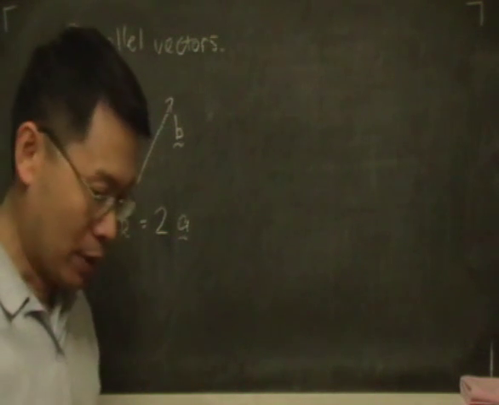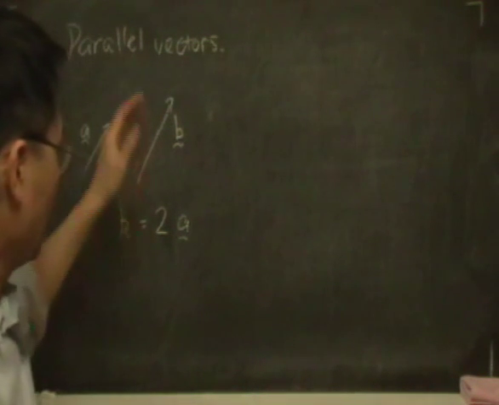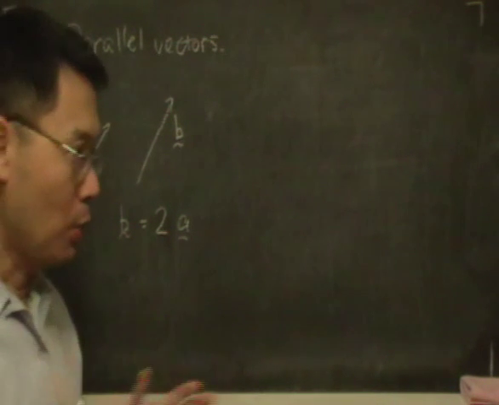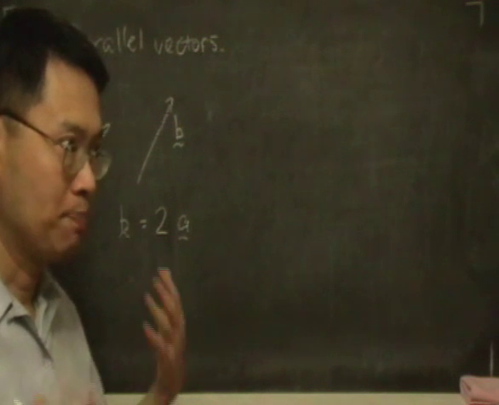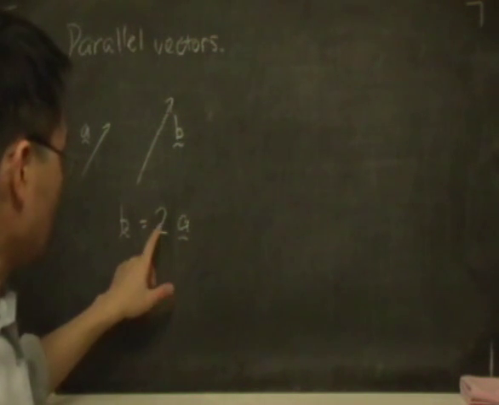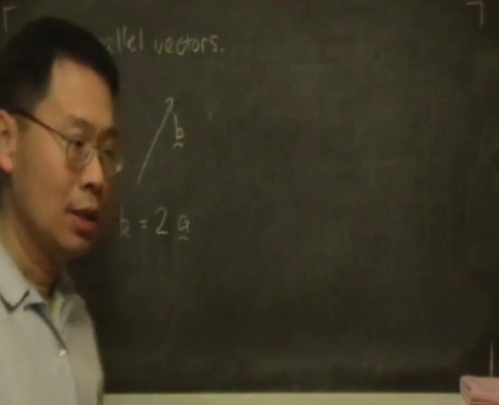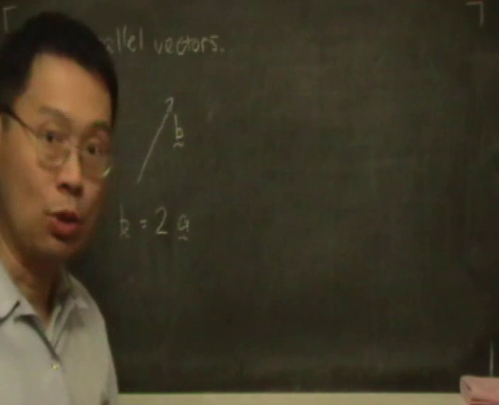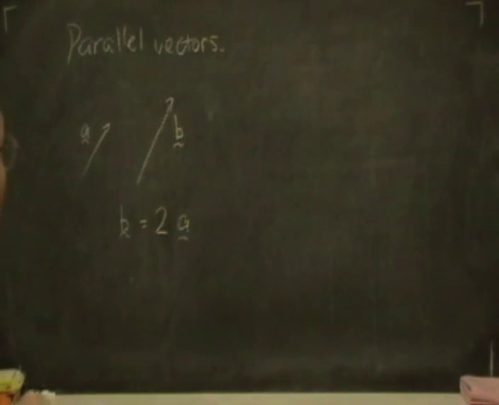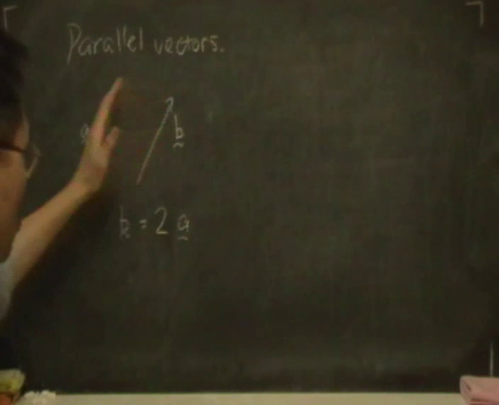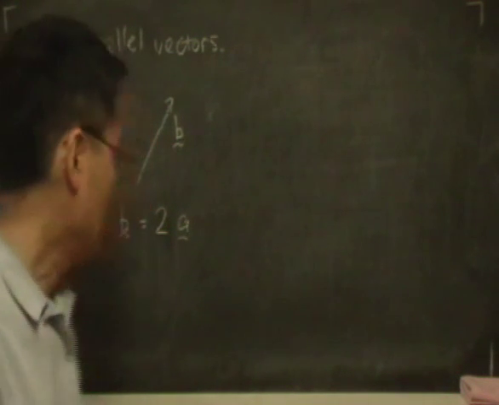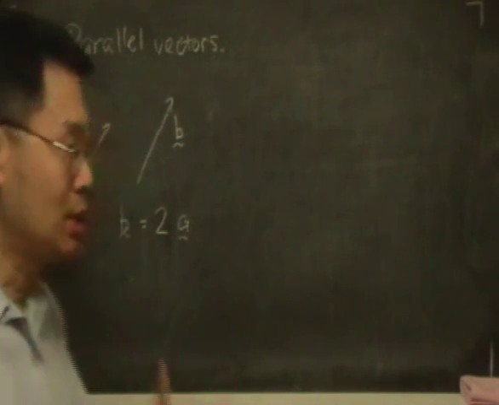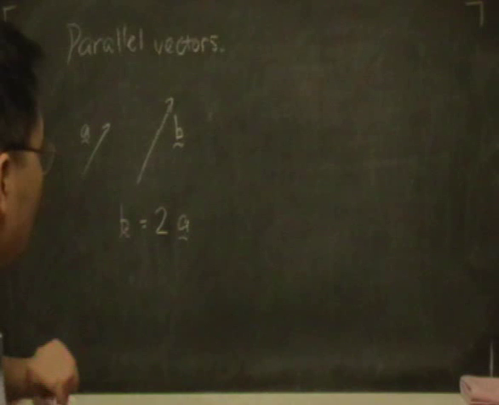Suppose that this vector B must always be some number, some scalar times the vector A, then it depends on A in that sense, in the sense that it must always be some number times the vector A. And when this happens, then B must always be parallel to A. So we think about the idea of one vector depending on another in this sense.